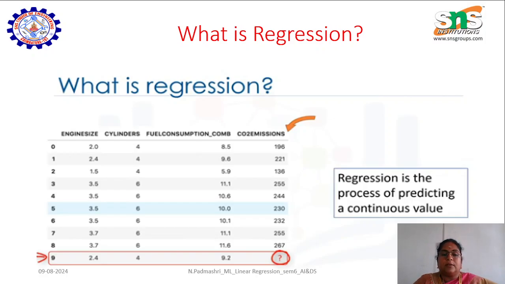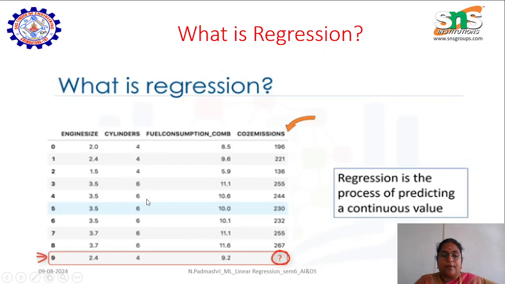Here, I have given one dataset as an example to understand what is regression. Here, you could see the dataset of a car, which has multiple attributes. First is engine size, cylinders, fuel consumption, and CO2 emission.